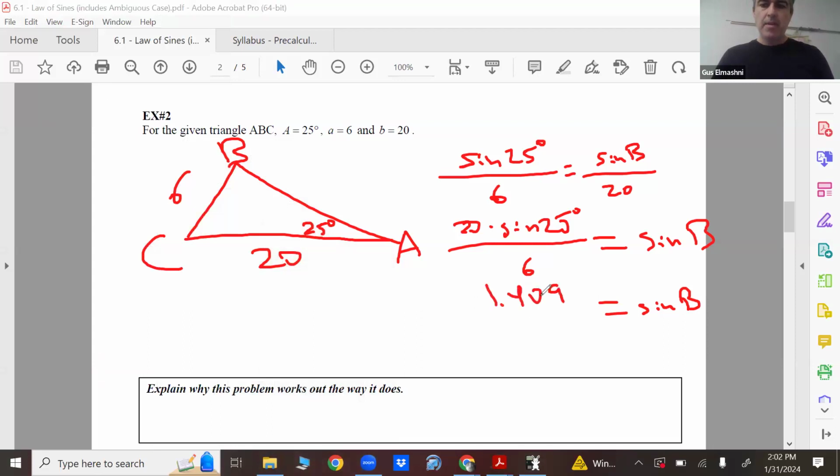1.409. But the problem is that if you try doing the inverse sine, that's undefined.